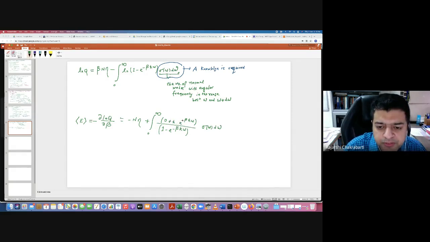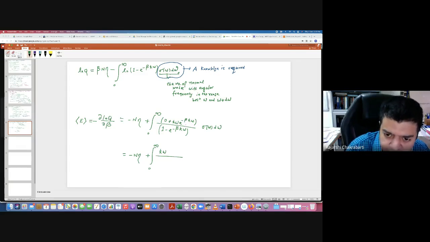So this is how it is. Okay, if I write it very clearly: n eta plus you have h cross omega, and I multiplied numerator and denominator by exponential of plus beta h cross omega.